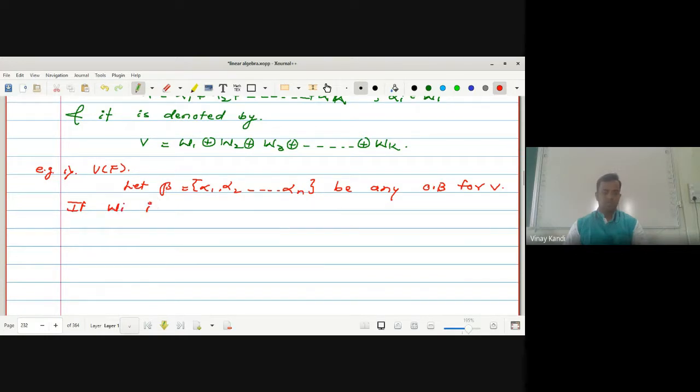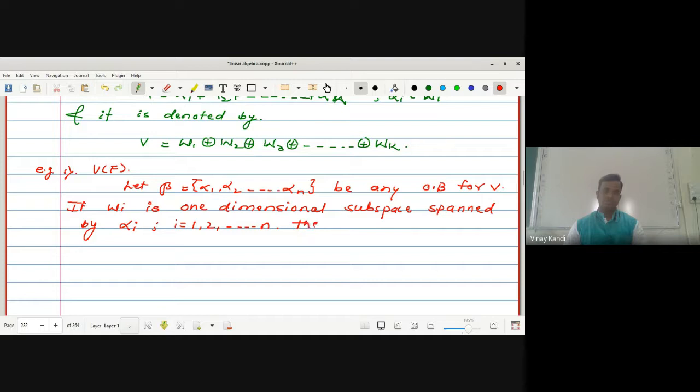Wi is the one dimensional subspace spanned by alpha i, with i running from 1, 2, up to n.